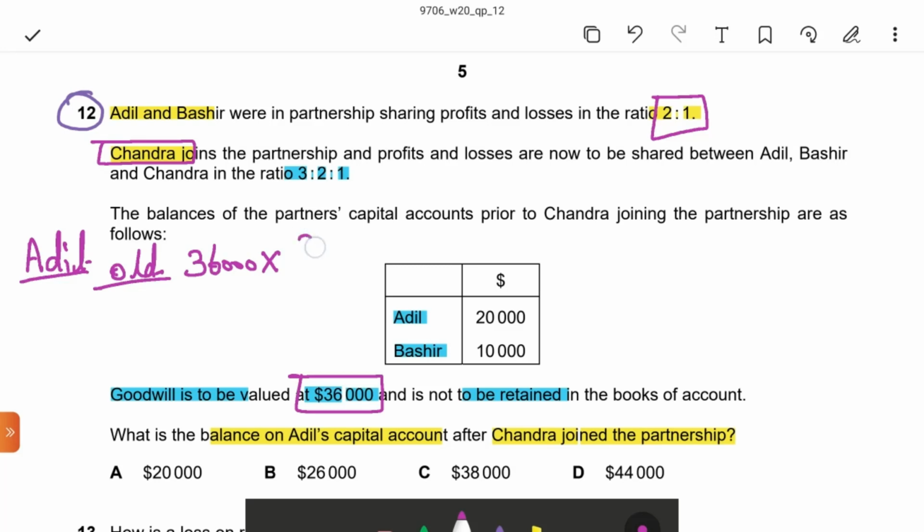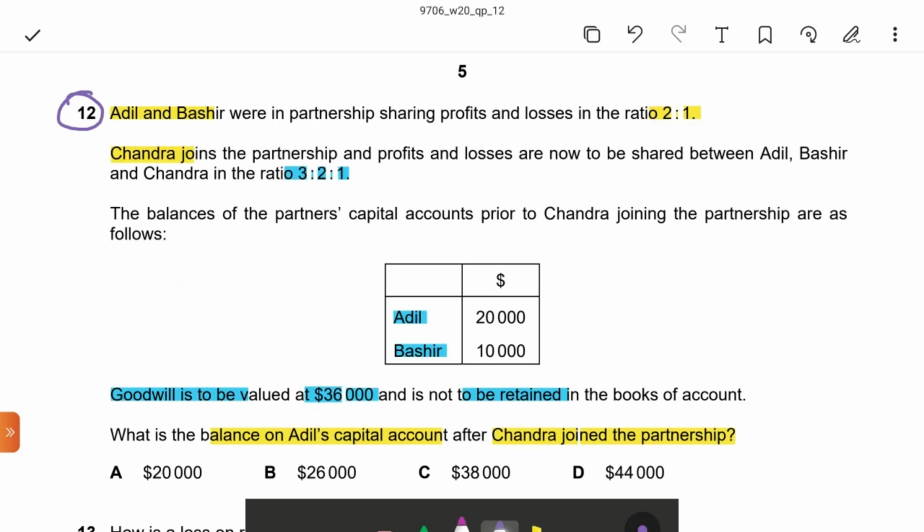So Adil's portion is 2/3. So he was getting 24,000.